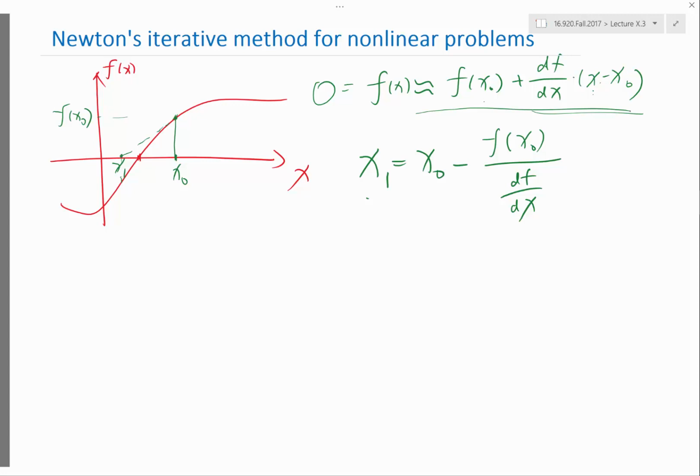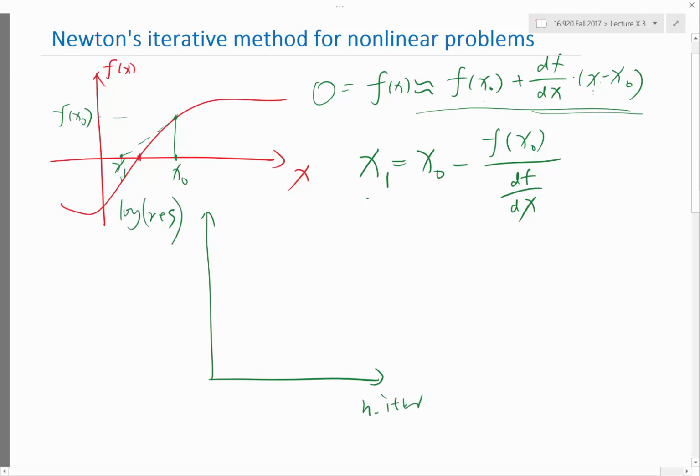For Newton's iteration, we have what's called super exponential convergence. Even if I draw the residual versus the number of iterations in a semi-log plot, if I have polynomial convergence, I would only get a line if I have both axes in log scale. If I only have one in log scale, I would get a curve that goes like this.